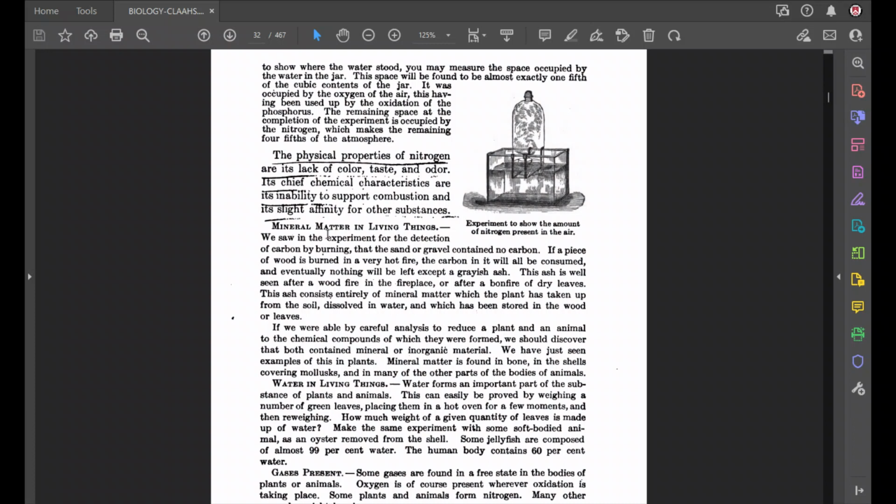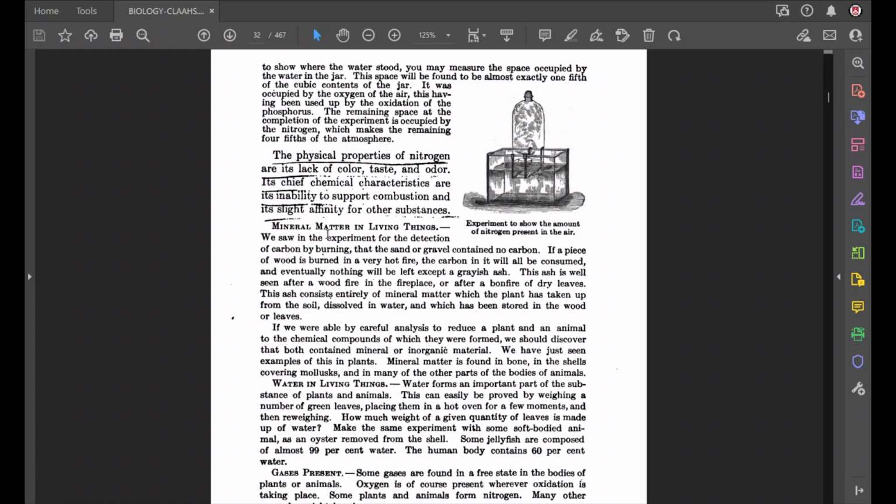We have just seen examples of this in plants. Mineral matter is found in bone, in the shells covering mollusks, and in many other parts of the bodies of animals. So just because we're organic, we're living bodies, we have mineral matter in our bodies. So there is inorganic material in our organic bodies. Mineral matter.